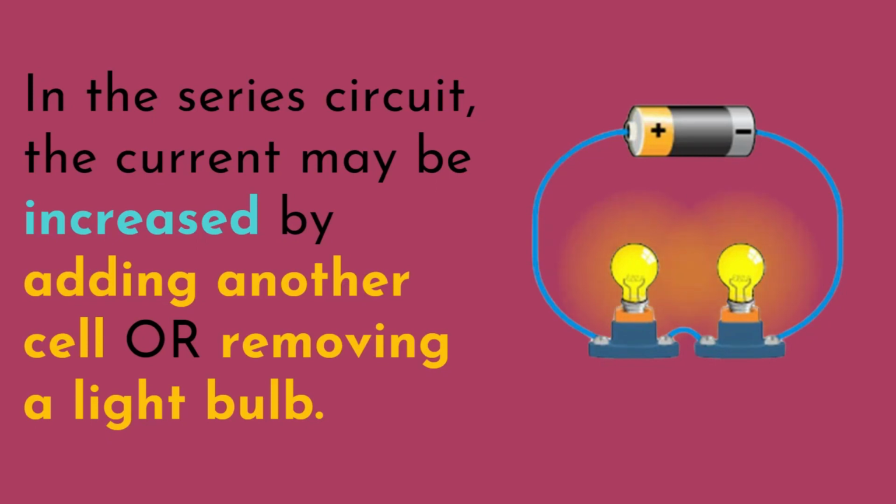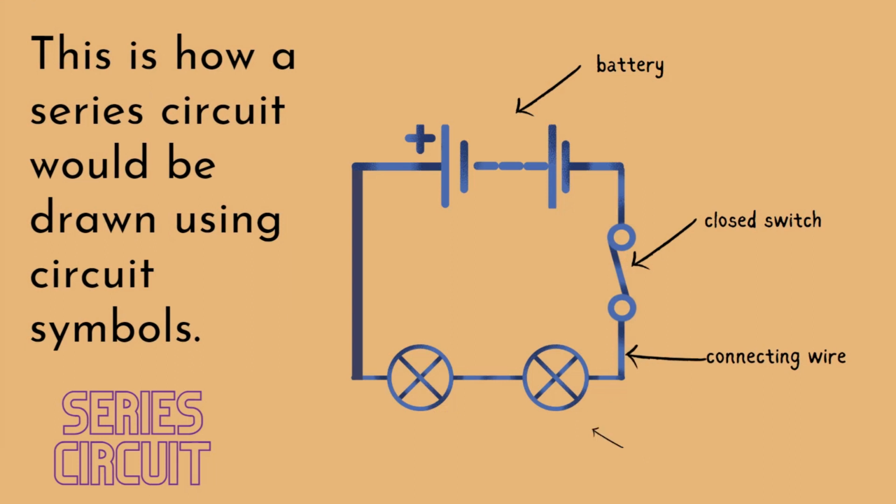In the series circuit, the current may be increased by adding another cell or removing a light bulb. This is how a series circuit will be drawn using circuit symbols.